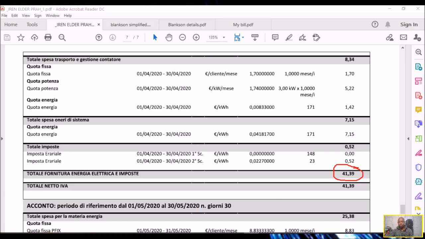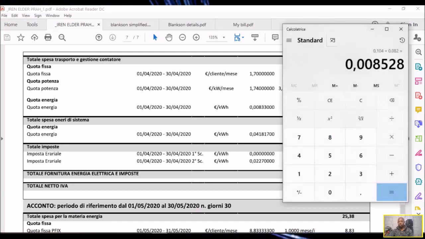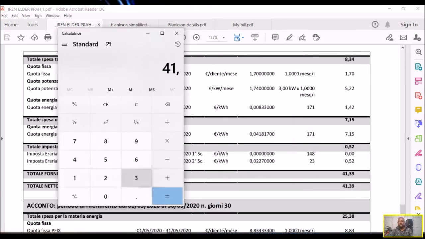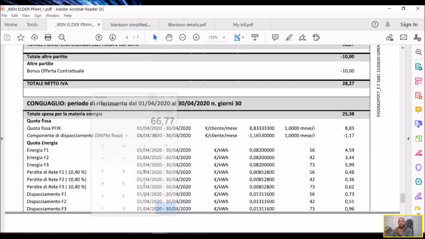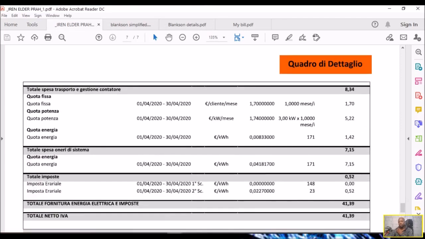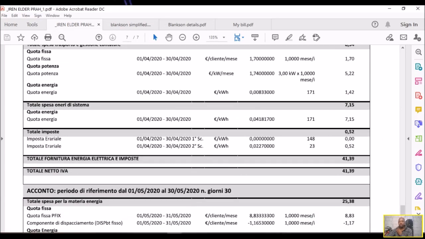So actually within the 2 months, he was supposed to pay 41.39 plus 25.38, which is 66.77. That is what this person was supposed to pay within the 2 months.